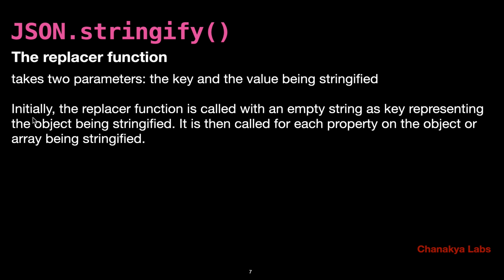Now, normal scenario: the replacer function is called with an empty string as key representing the object being stringified, and then called on each property on the object or array being stringified.